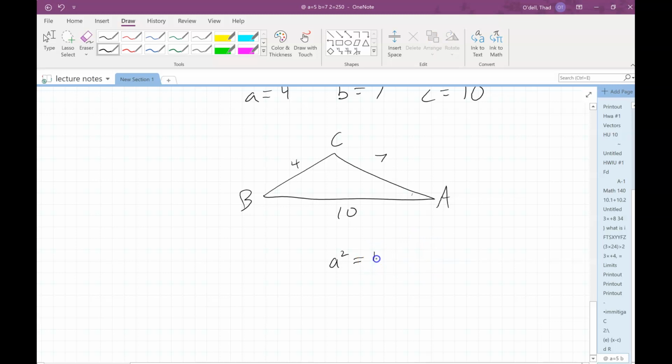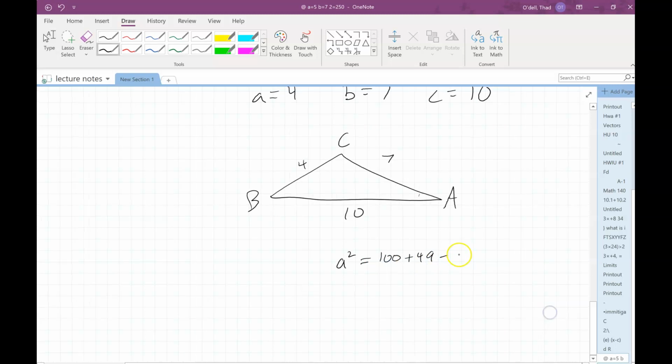That would be 100 plus 49 minus 2 times 70, which would be 140, cosine of capital A. So the 100 came from 10 squared, 49 came from 7 squared, and 140 came from 2 times 10 and times 7. Law of cosines. So, and A, of course, is going to be 4. So that's where my 16 would go.